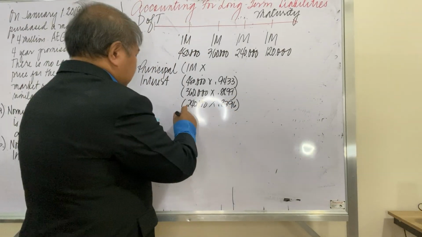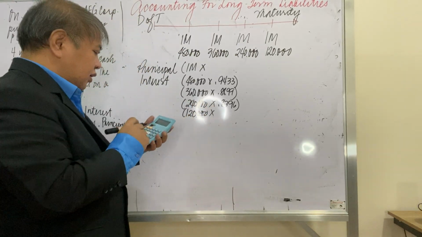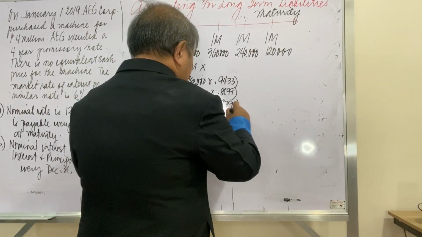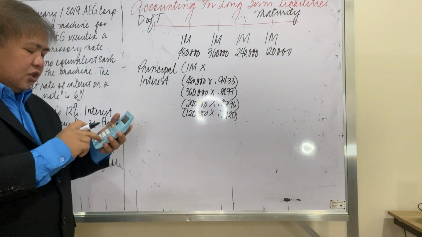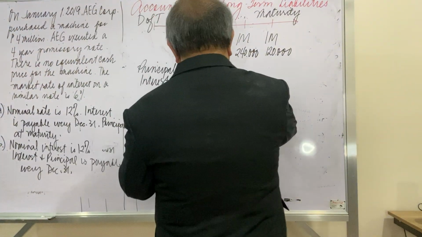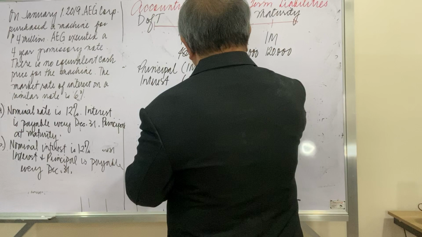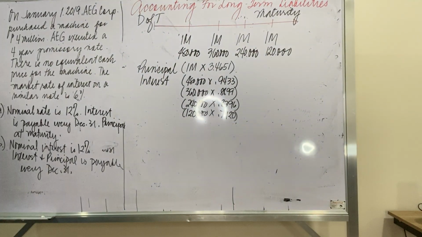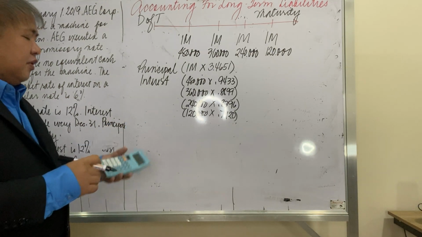And then 120,000 multiplied by 0.7920. And then, of course, the present value of annuity, so 1 minus 1 over 1.06 to the fourth, divided by 0.06. That's 3.4651. So that's the computation for the present value.